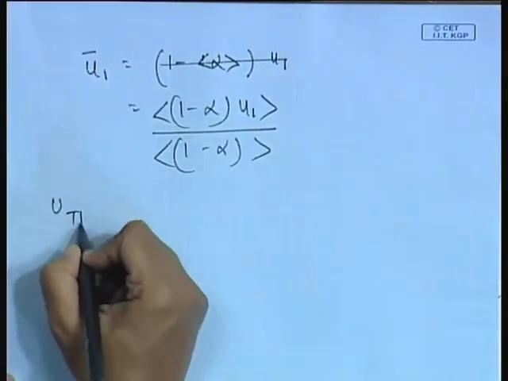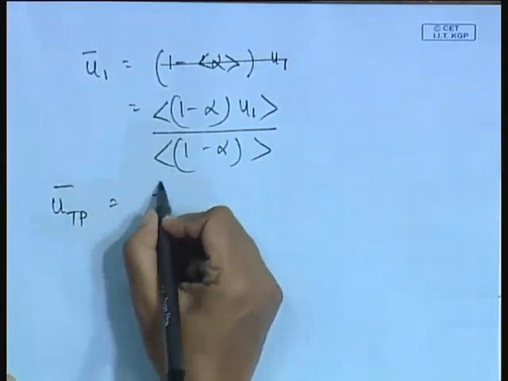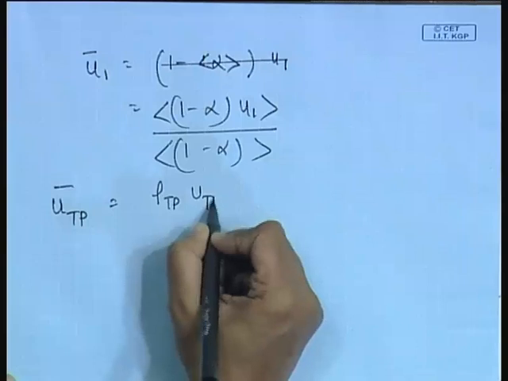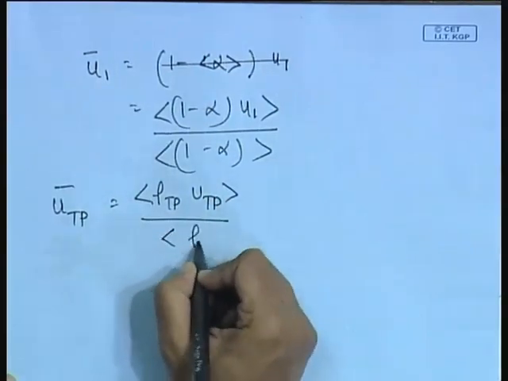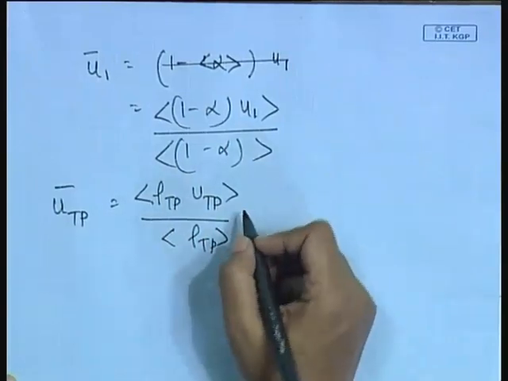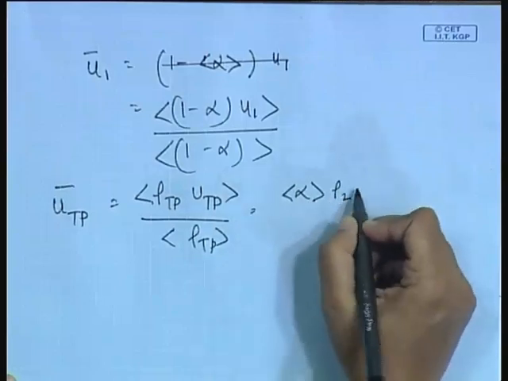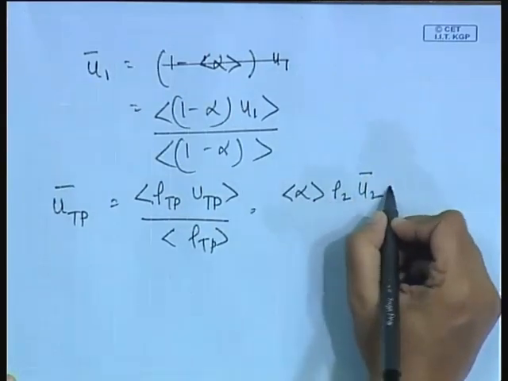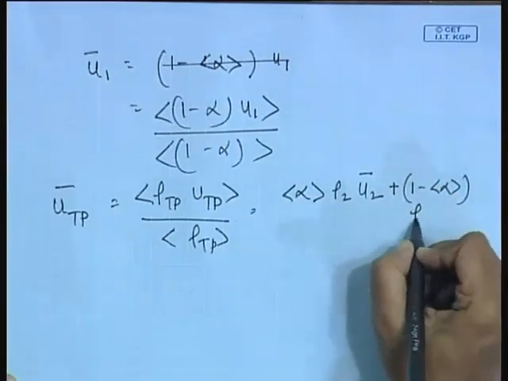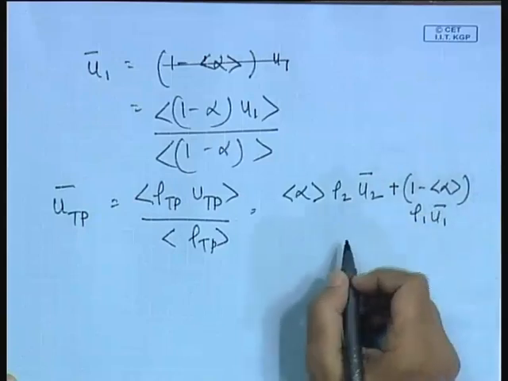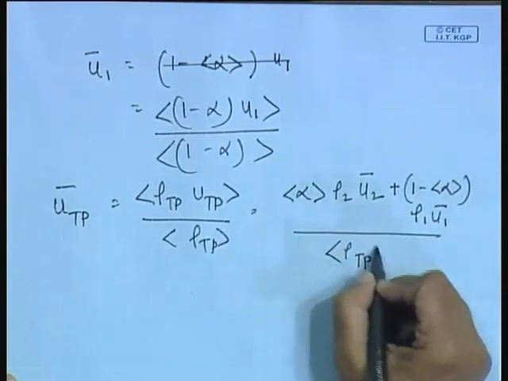Similarly, suppose we would like to define UTP, the two phase mixture velocity. It is nothing but rho TP UTP divided by rho TP. Okay. So, this is given as alpha, again rho 2 is taken as constant, u2 bar plus 1 minus alpha rho 1 u1 bar divided by rho TP.